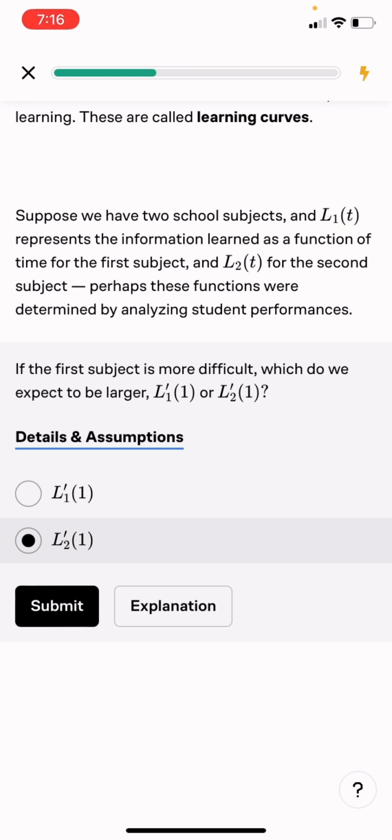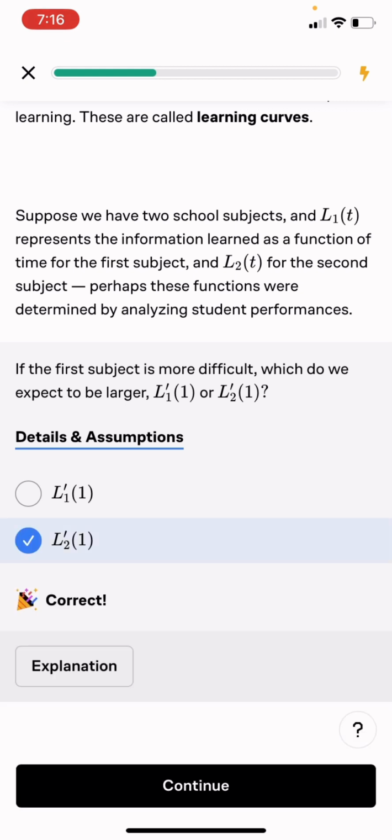The derivative represents the rate of information gain. That is how fast you're learning the subject. If L1 is hard, we expect the rate to be smaller, at least at the beginning of class. A commonly heard phrase is that a subject has a steep learning curve.